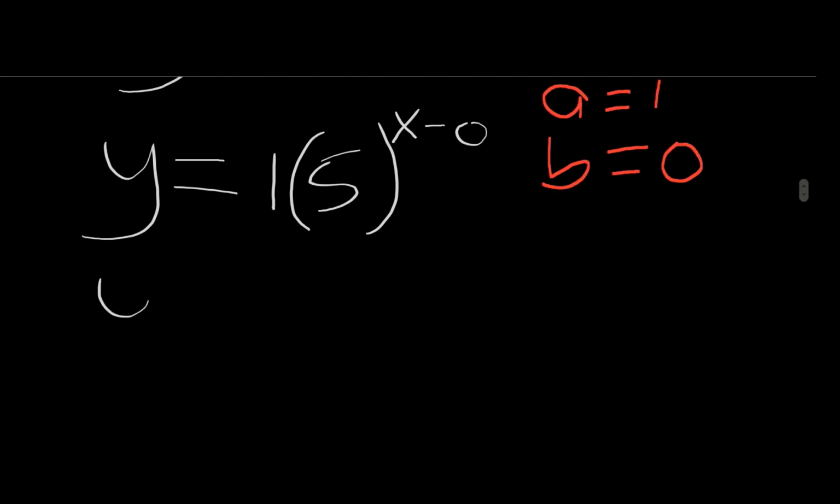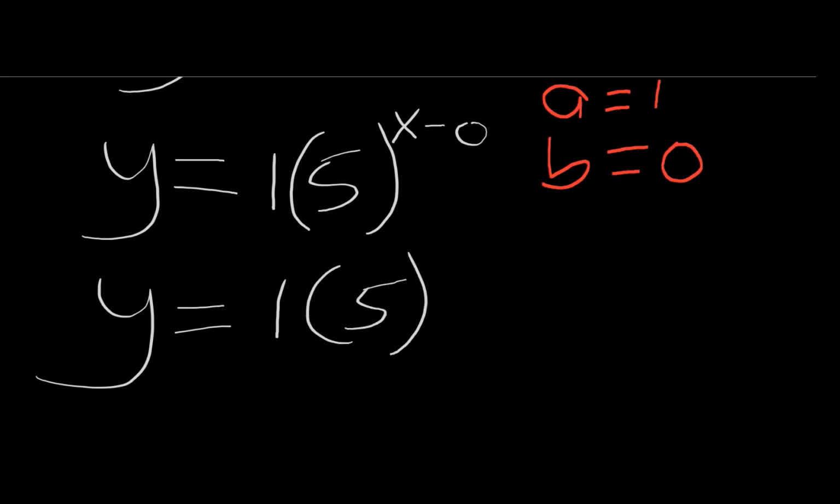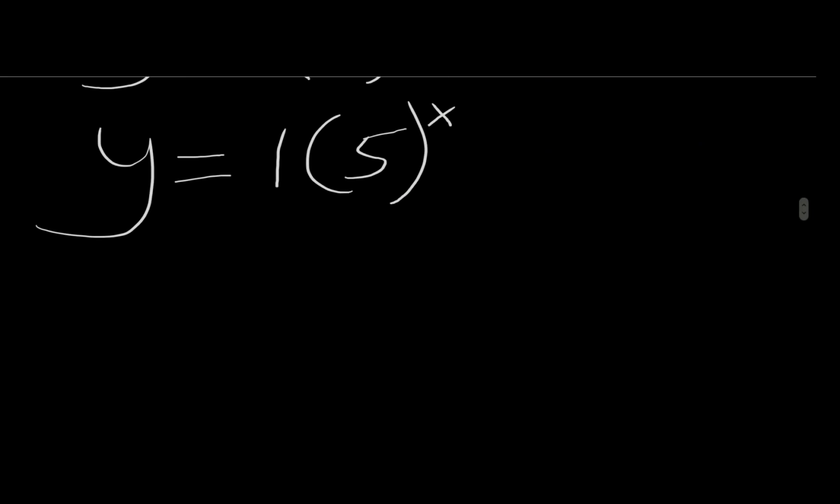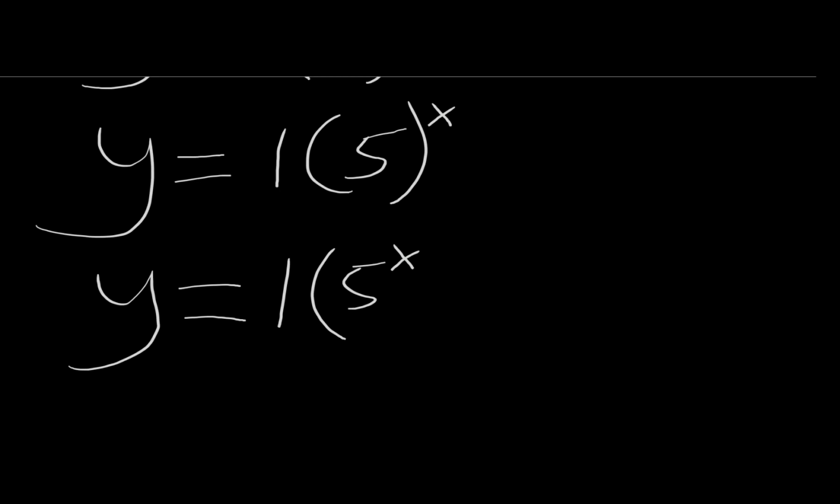So I now have y is equal to 1 multiplying 5 exponent x minus 0, I will get x. And I will be having y is equal to 1 multiply 5 exponent x.